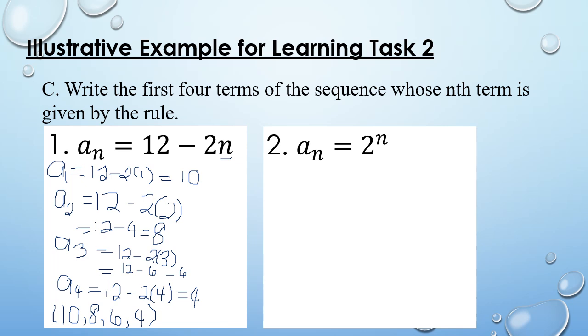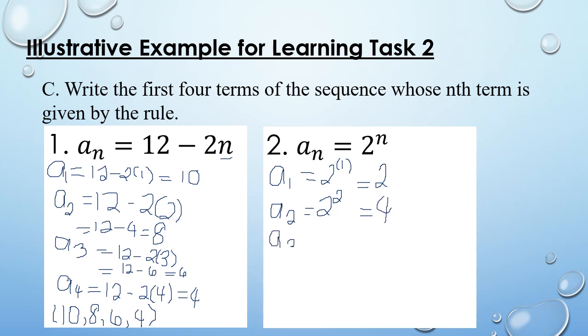Next, number 2. A sub 1 is 2 to the power of 1. So 2 to the power of 1 is 2. A sub 2 is 2 to the power of 2, or 2 squared. 2 squared is 4.